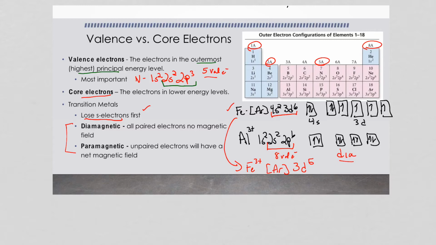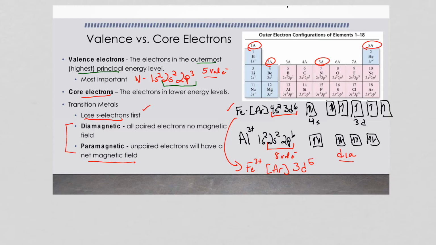Now, paramagnetic means we have unpaired electrons. And a species with unpaired electrons will have a net magnetic field, so it'll interact with other magnetic fields. So something like iron, when you draw out the orbital diagram, the S is filled, but in the D we have 6 electrons. So 1, 2, 3, 4, 5, 6. So we have these unpaired electrons here.